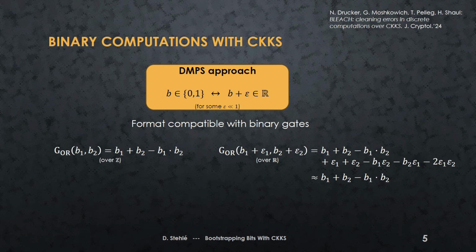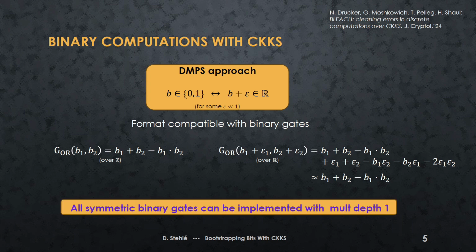This bivariate polynomial you can just use over the reals on B1 plus epsilon 1 and B2 plus epsilon 2, and that gives you something close to B1 plus B2 minus B1 times B2, so it's close to the OR of B1 and B2. You can evaluate binary gates like this, and OR is not a weird example. All symmetric binary gates can be implemented with multiplication depth equal to 1.